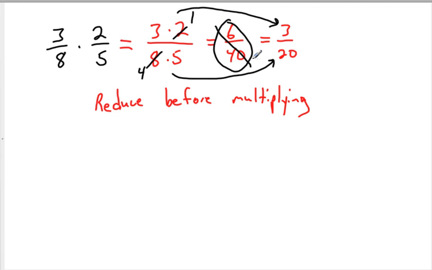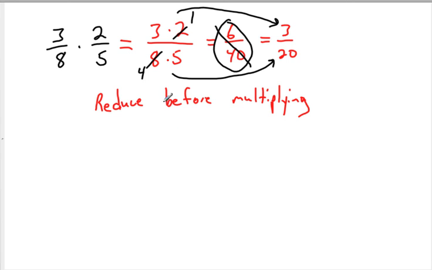So whenever you can reduce the fractions before you actually do the multiplication, it's going to allow you to do the problem without reducing at the end. And so you'll end up calculating with smaller numbers, which is nice.